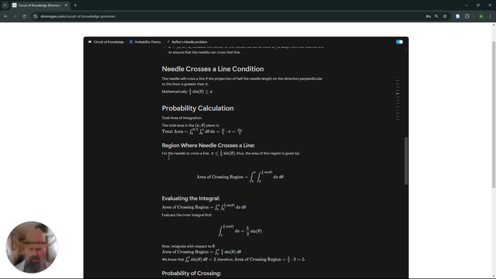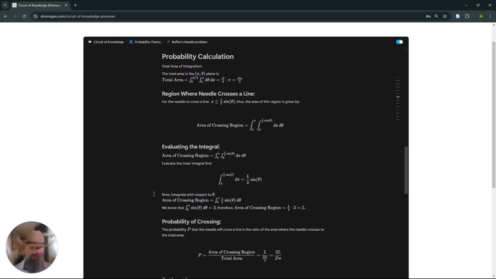For the needle to cross the line, we have this condition. So if we want to calculate the area of the crossing region, then we have to calculate this area, and here we're counting over x only between 0 and L over 2 sine theta, and this will be the area on the plane in which the needle is crossing a line.